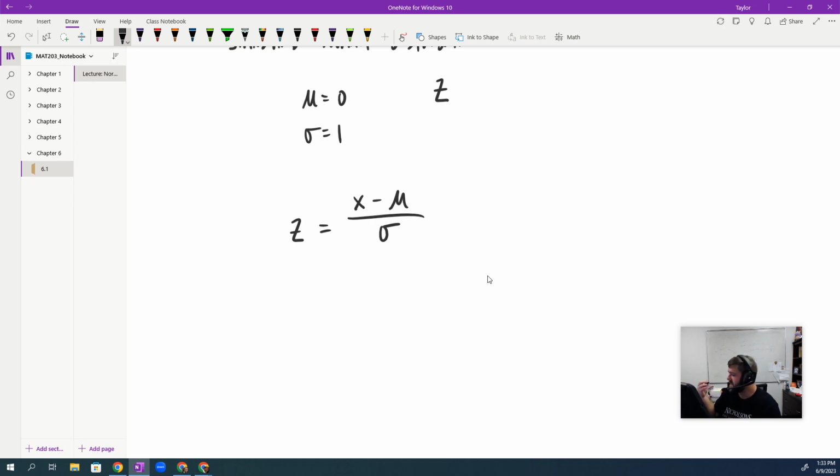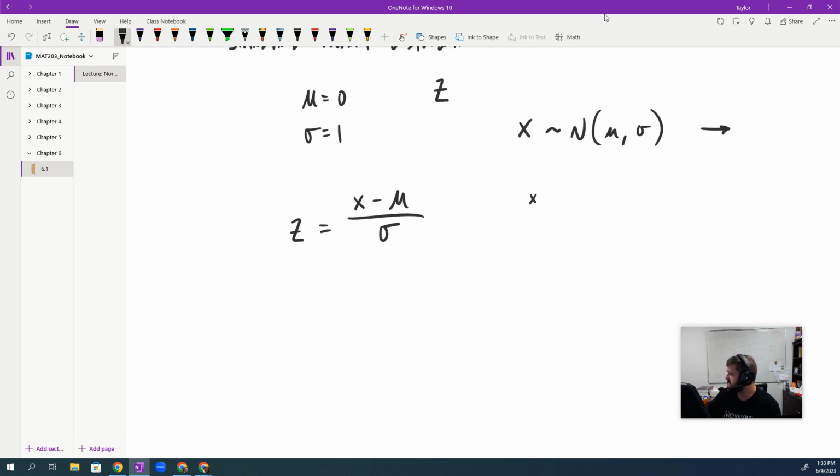So if you're given some distribution that's approximately normal, so x is approximately normal with mean mu and standard deviation sigma, and you have a little x value, x1, you can find the corresponding z-score.